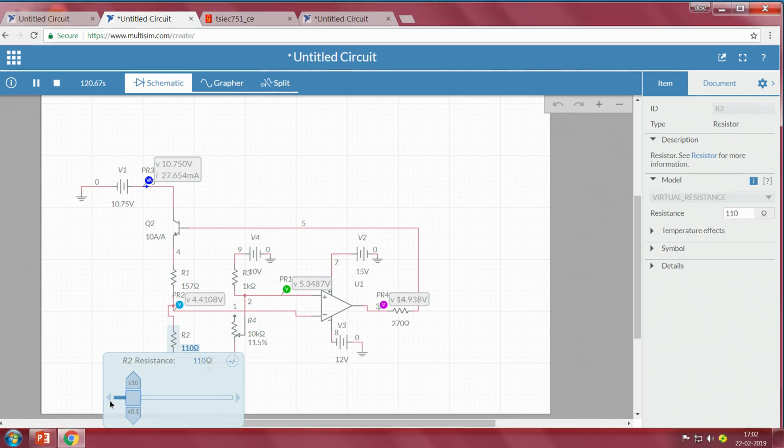So from 150 ohm we have come down to 110, a 40 ohm difference. You see the feedback circuit is pushing more current through this part, so that self heating happens, and with the increase in current pushed through this, it regains the temperature.